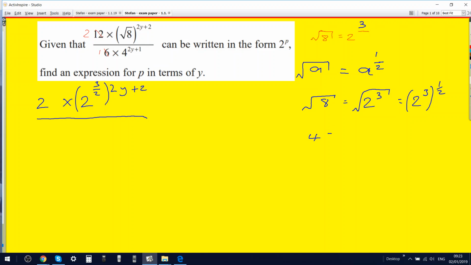Let's say the 4. What is that as 2 to the power of something? 2 squared. Yeah. And so 4 to the power of all of that stuff is 2 squared to the power of all of that, 2y plus 1.